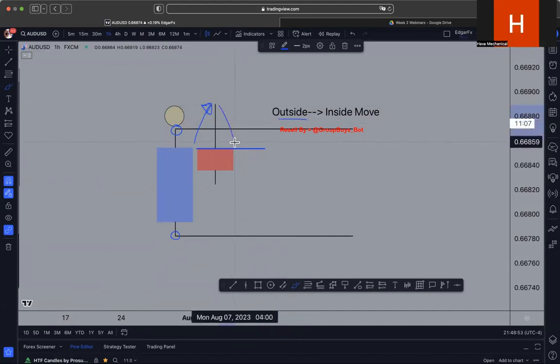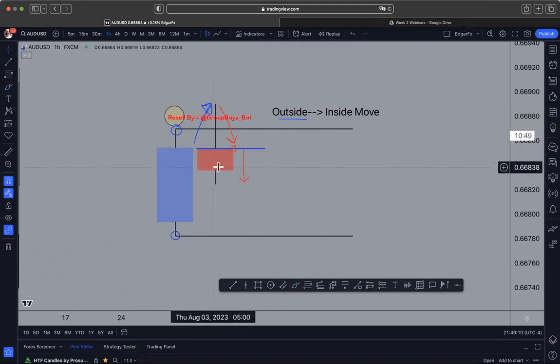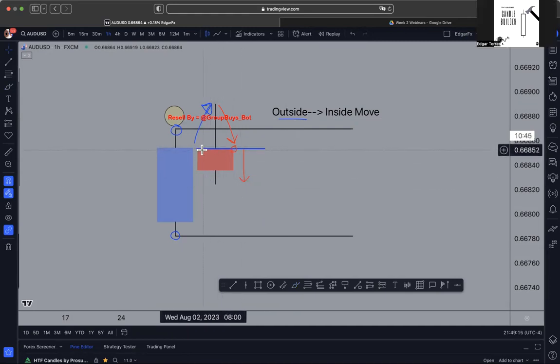Came back in. It came towards what? The open. The open. And then at this point, when the market thrusted through here, what happened to the candle body? It formed the candle. What kind of body? A down body. A down body.